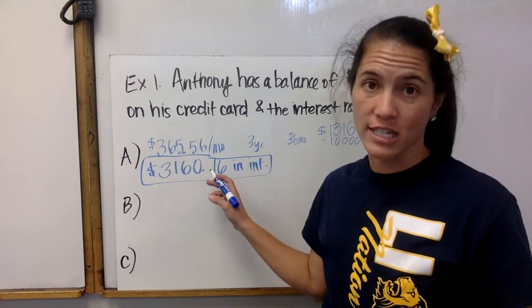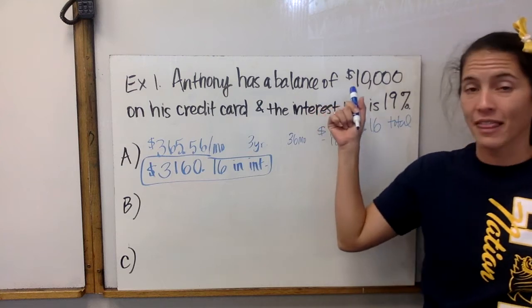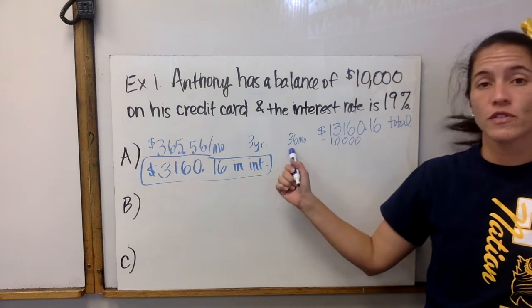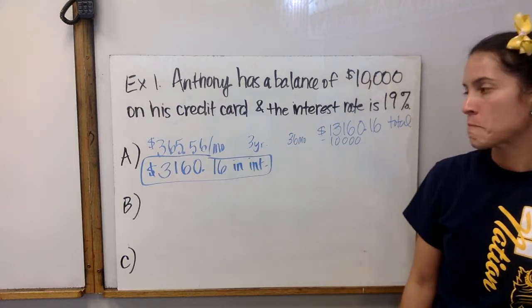That's how much interest he's paying above paying that $10,000 back. He has to pay the $10,000, and over the course of 3 years, he's actually paying an additional $3,000 in interest.